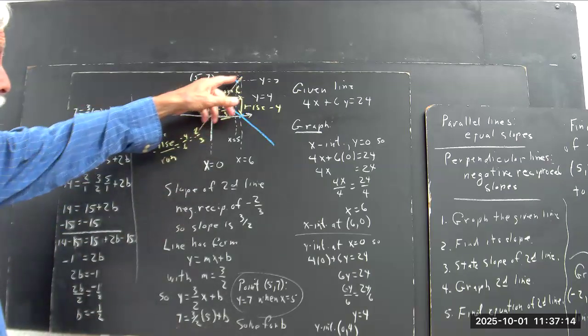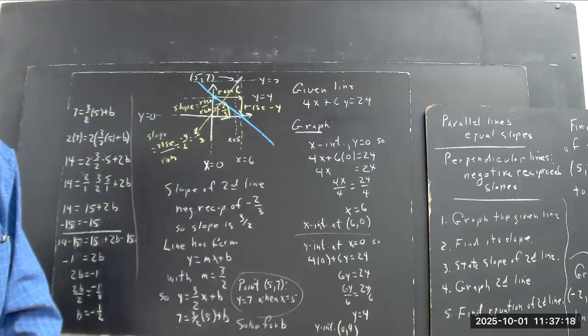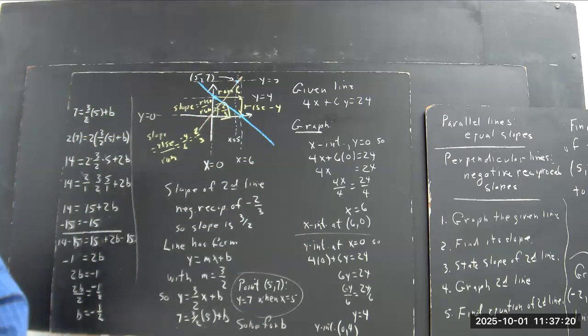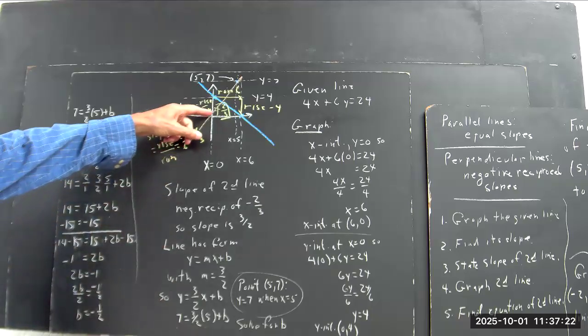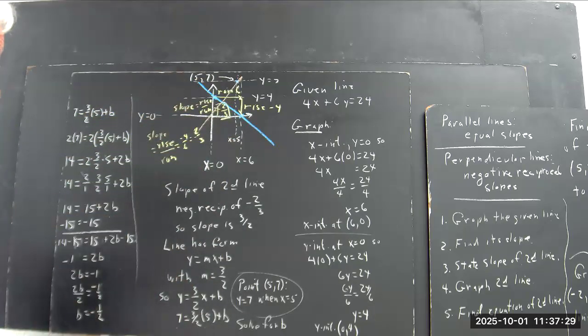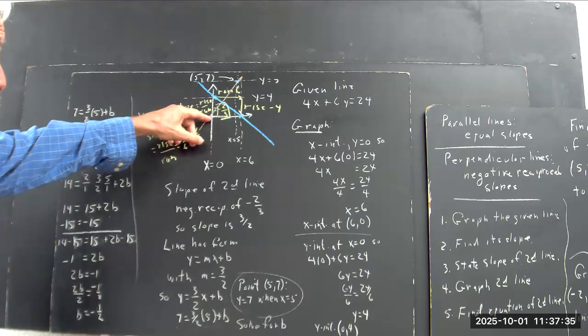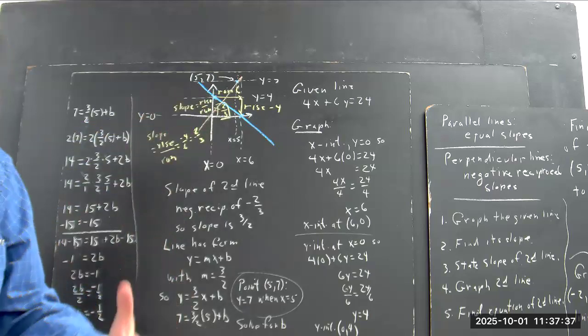When I sketched this line, I just tried to sketch it at a right angle to the other line, and I got a y-intercept pretty close to 0. But the scale of this graph wasn't exact. To tell me that my y-intercept should have been down right about here instead of here, well, it wasn't off by much.